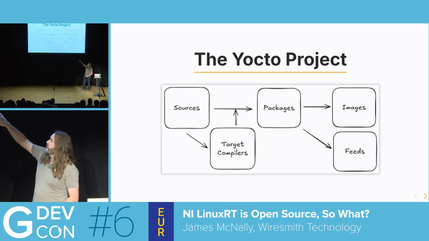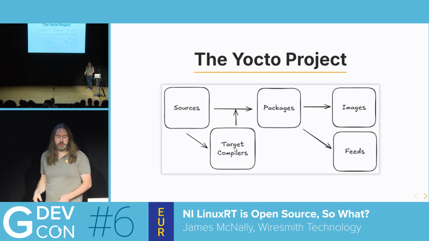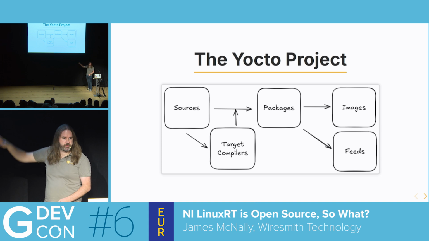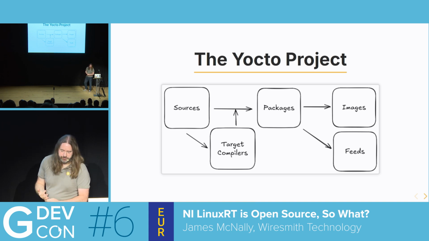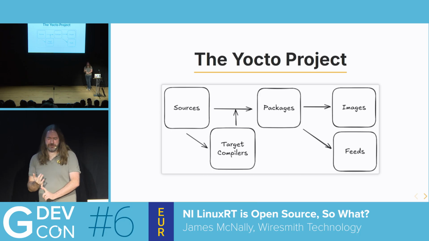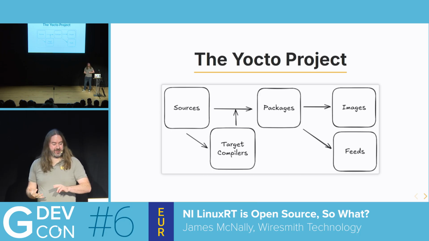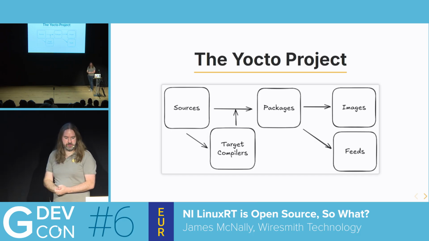Once we have that, it can take those sources, build them for the target system and build them into packages. On LinuxRT, those packages use the OPKG package manager. The Yocto Project can support different package managers, but that's the one that NI have standardized on.